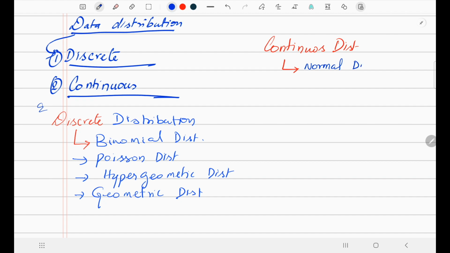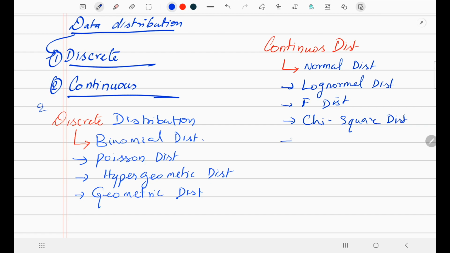The second one, log normal distribution. Third one, F distribution. Fourth one, chi-square distribution, a very important distribution. And exponential distribution.